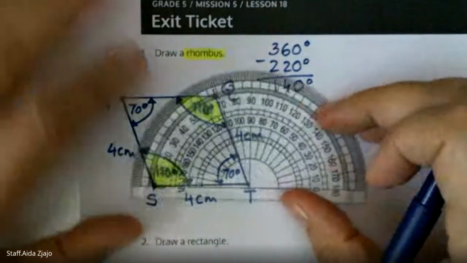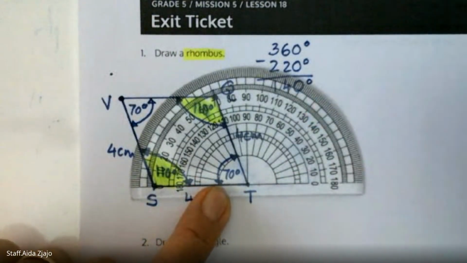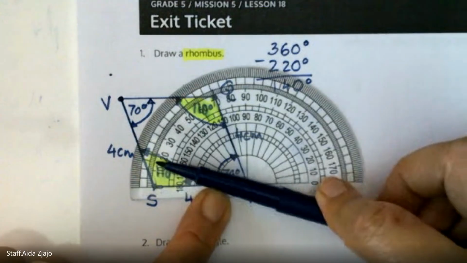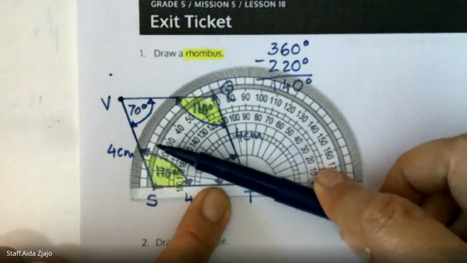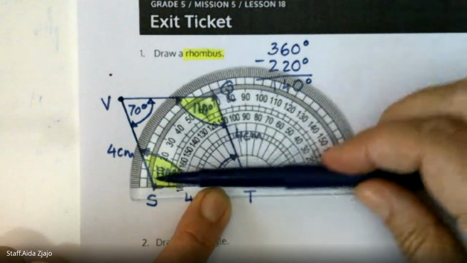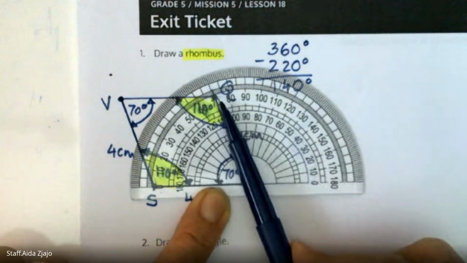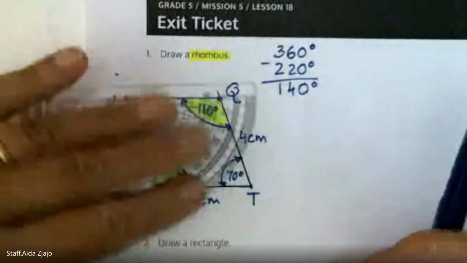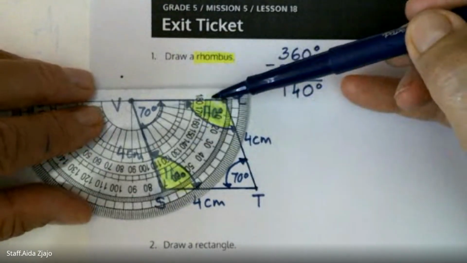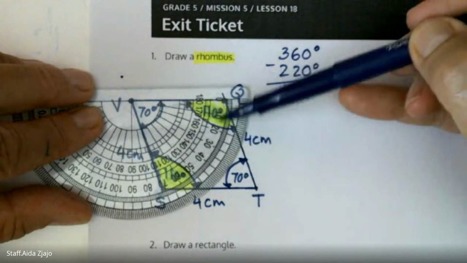I could prove it to you by taking my protractor, and I can show you that this is a zero line. This zero is outside, so 20, 30, 40, 50, 60, 70. I reach from this to this line, and that angle is 70. And also, if I turn my paper this way, you can see 0 all the way to 70, and here is that angle.